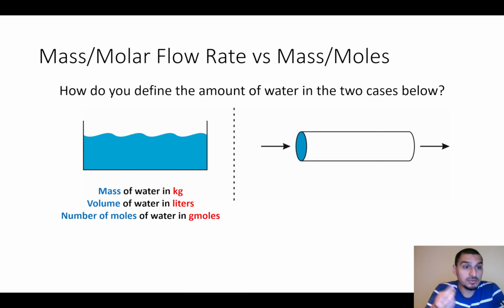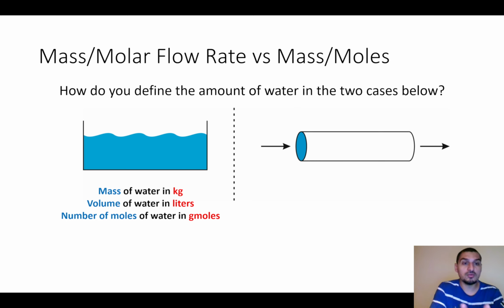So to be able to define it, we use another parameter that we call a flow rate. The flow rate is a representation of how much of this material is flowing inside this tube or pipe per unit time. Let's say that I have in this tube 1 liter per minute.